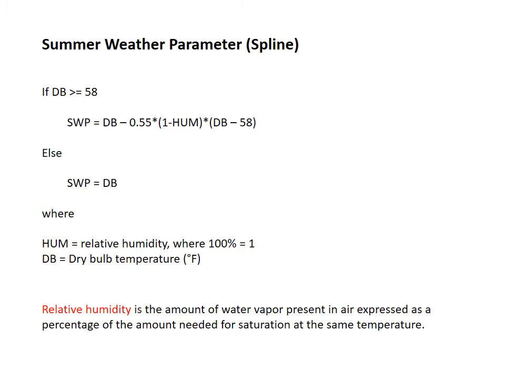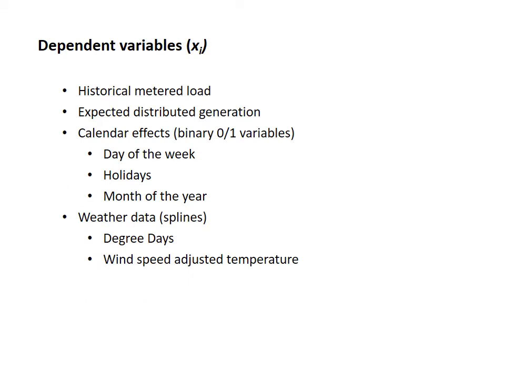Otherwise, if the dry bulb temperature is less than 58 degrees, then we're not really incorporating humidity at all. So these are all the dependent variables that we're thinking are going to go into the regression.